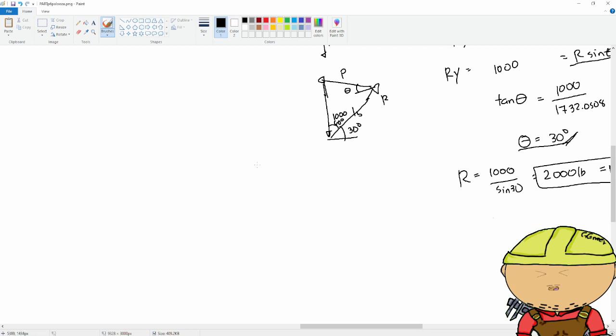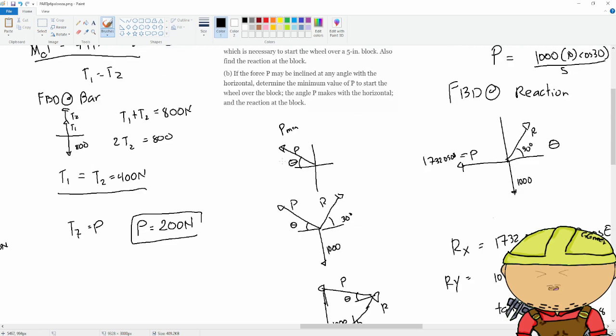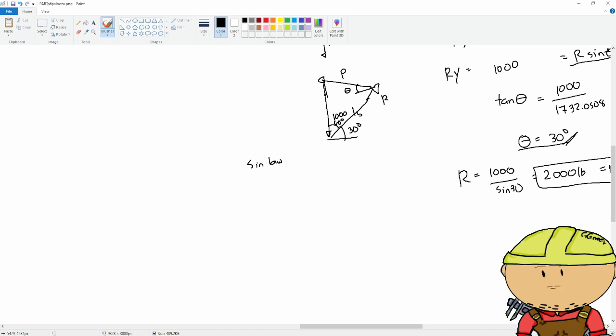Let's do sine law. I'm trying to differentiate, because we have three unknowns and it says minimum. When we differentiate, we can get the minima and maxima.